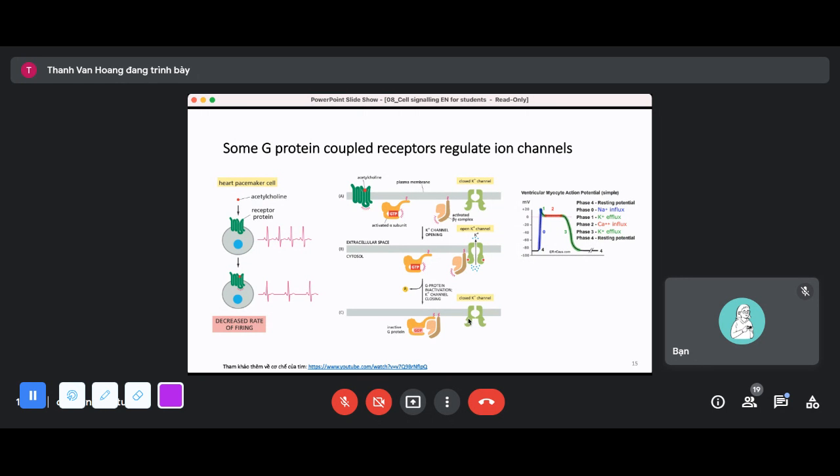Beta gamma doesn't open the potassium channel anymore, the channel is closed, and the heart cells function like before.